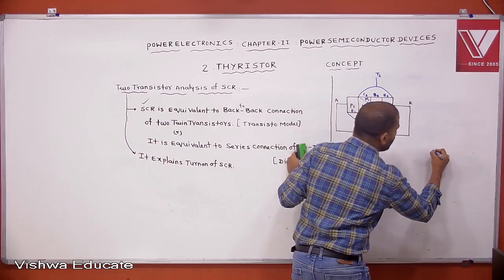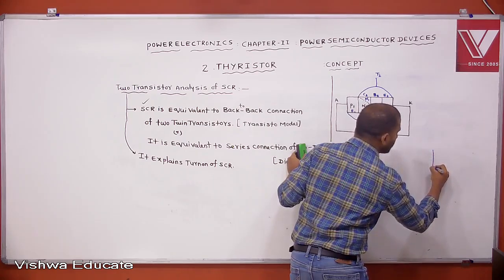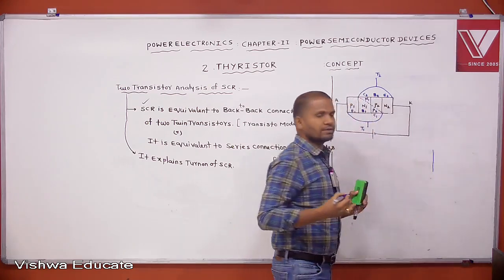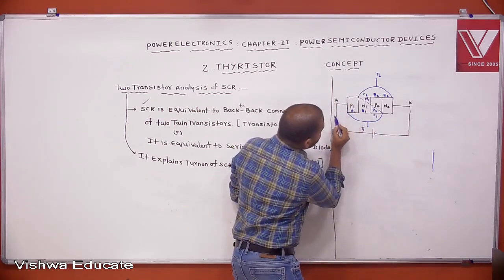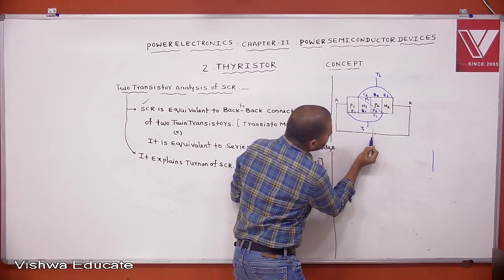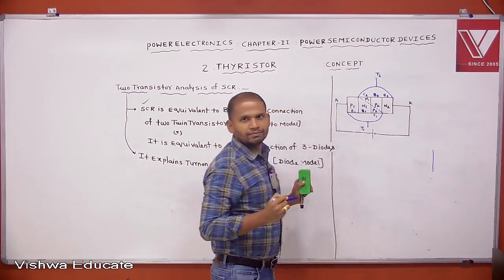This is the T1 transistor. The emitter of T1 transistor is connected to which plate? Positive plate.